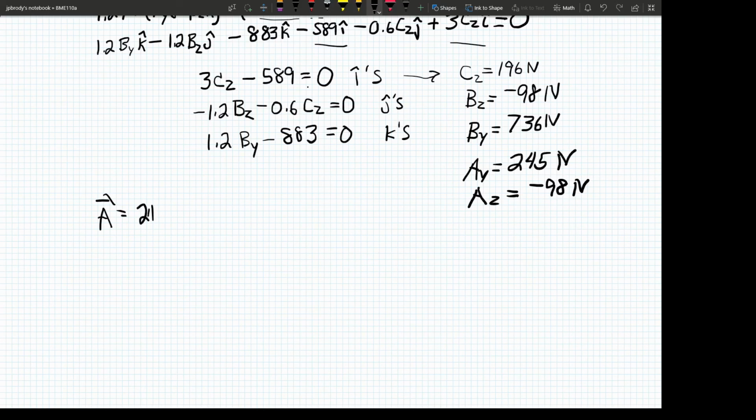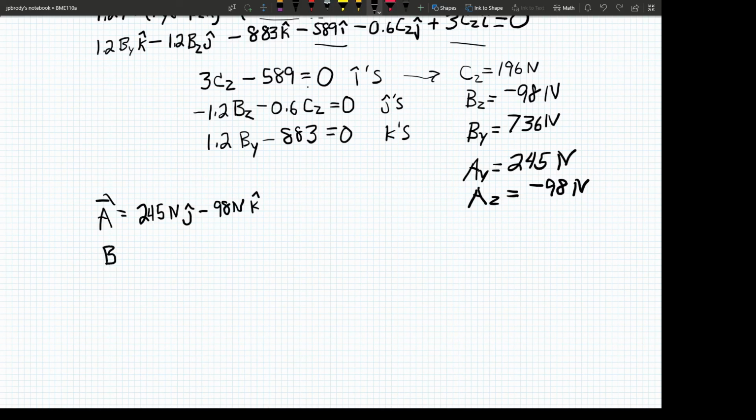It's 245 newtons in the j hat direction, minus 98 newtons in the k hat direction. So that would be the reaction force at A.